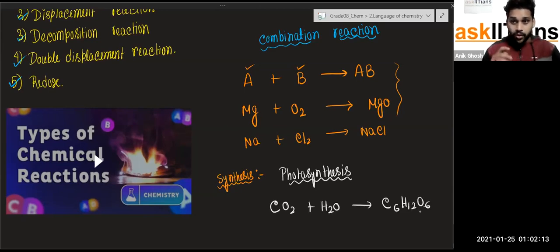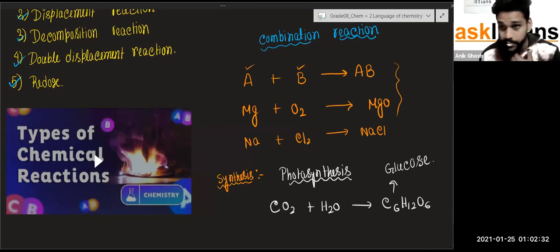This is the photosynthesis reaction. So this is a combination reaction, isn't it? You can see carbon dioxide and water together just getting combined to give you glucose. This is glucose. Now, this is called a combination reaction.